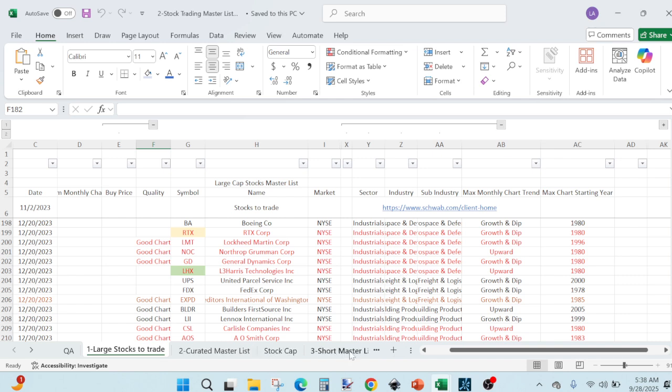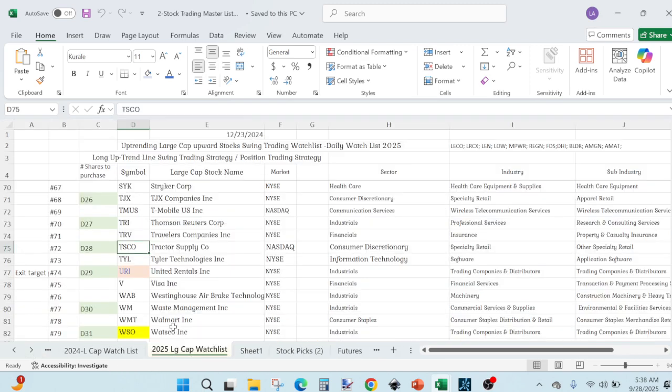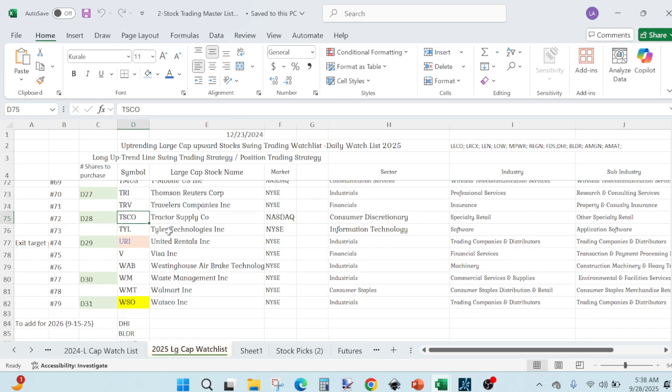And from there, if the list is still a large one, you can narrow it down. I found about 70 stocks to be the right number for me to analyze within an hour every day, if I have the time to do that every day. And here we have about 79. So you can do that.